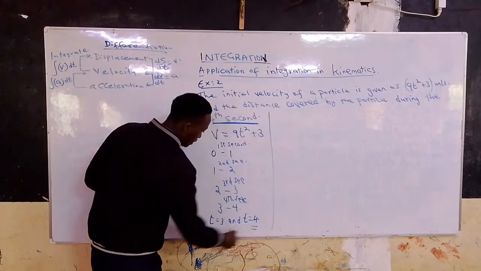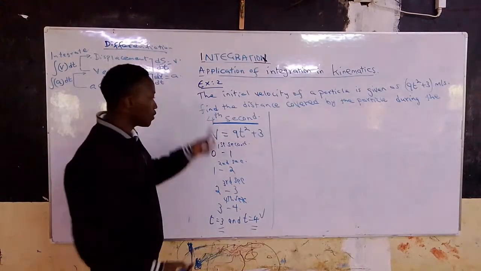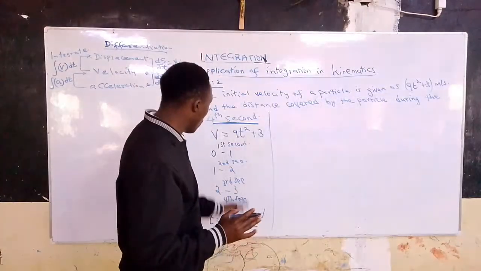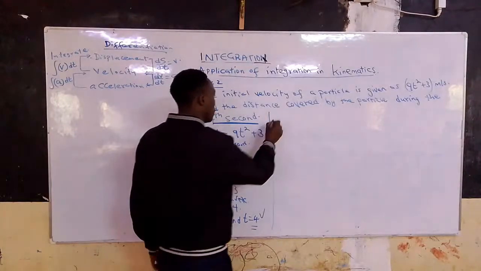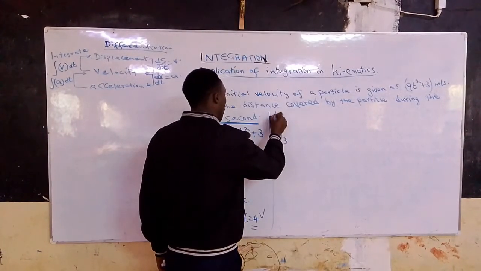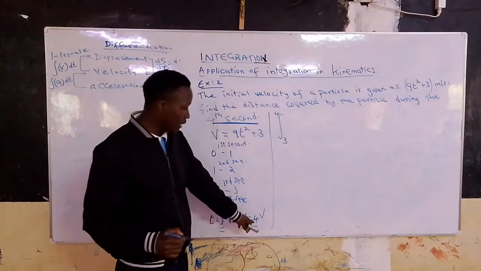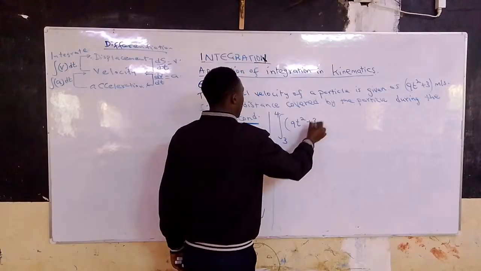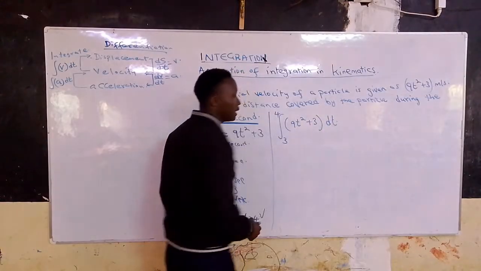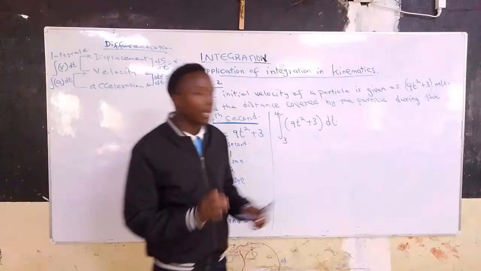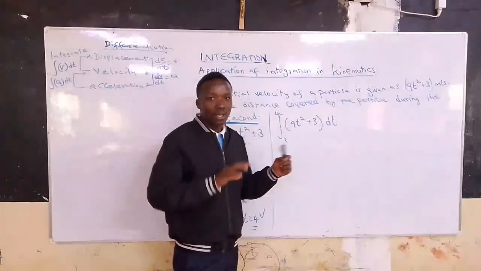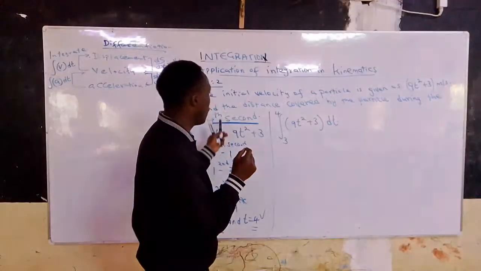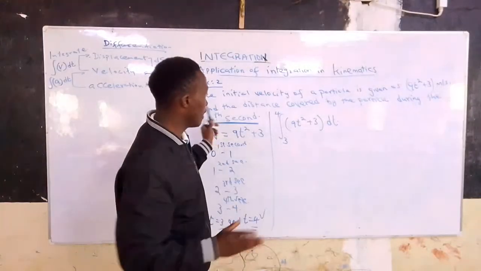So for us to determine that distance, we are going to integrate from the lower boundary 3 to the upper boundary 4, and we will integrate 9t squared plus 3 with respect to t. And by solving this, we will be in a position to get the distance covered by the particle during the 4th second.